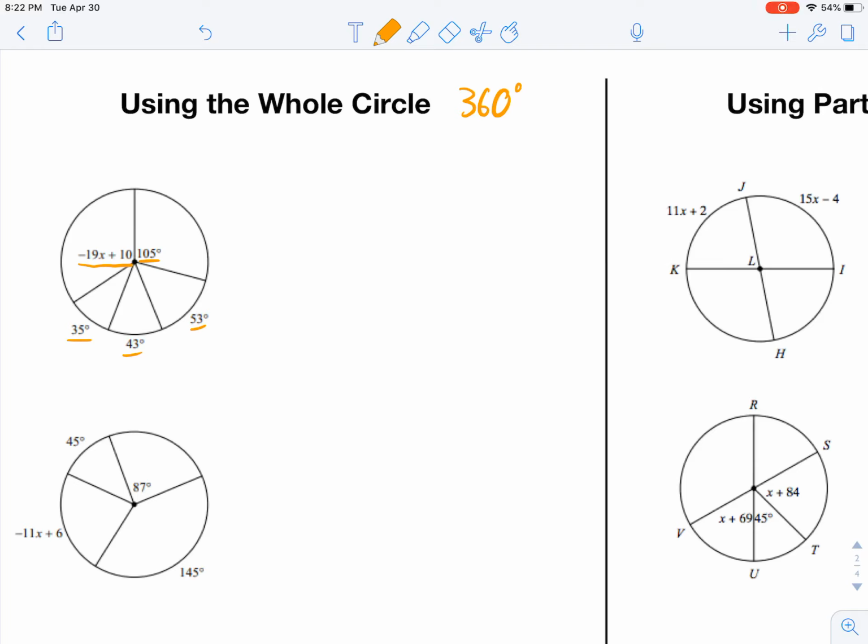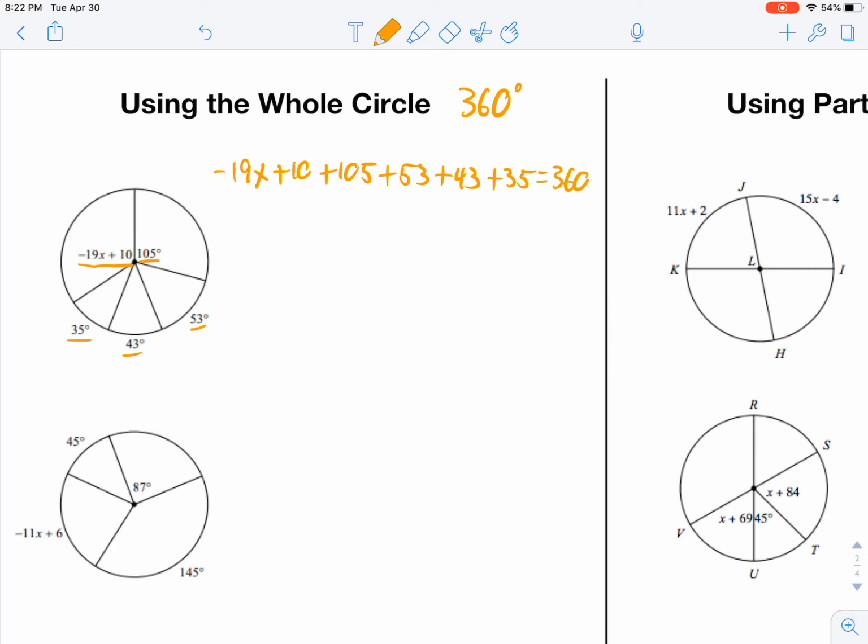If I take each of those individual parts and add them together, I should equal 360 degrees. So let's write it out. Negative 19x plus 10 plus 105 plus 53 plus 43 plus 35 equals 360.